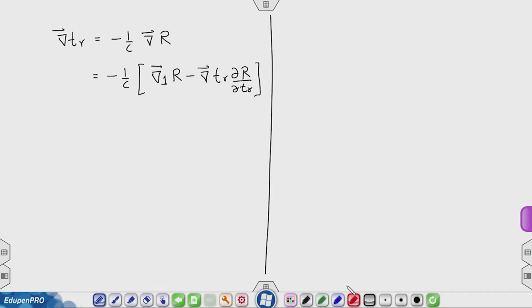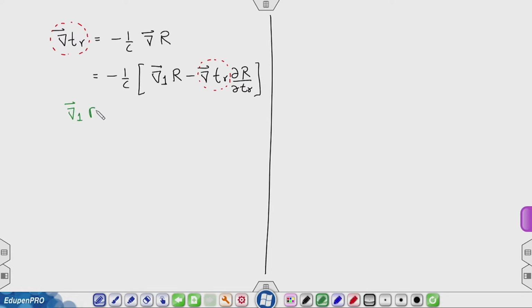Notice that grad of TR now has appeared on both sides, like summing a series. So, I can bring it to the other side and calculate what grad of TR is going to be. But for that, I first need grad 1 of R and dR/dTR.